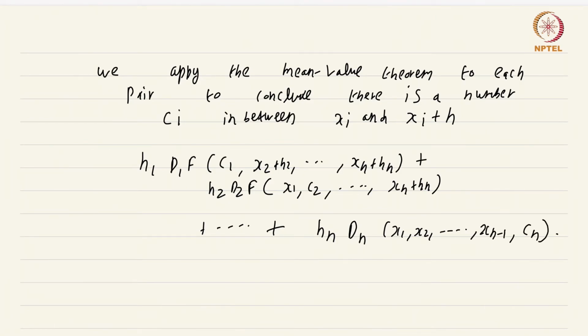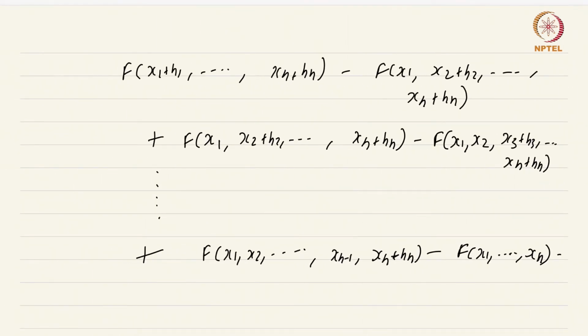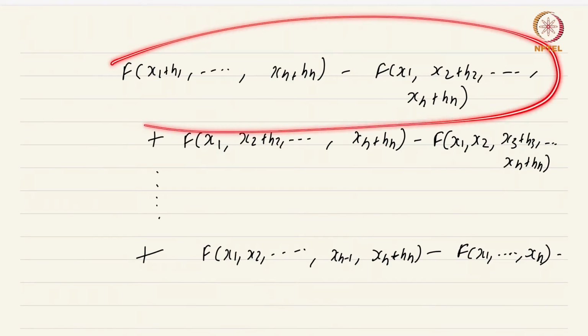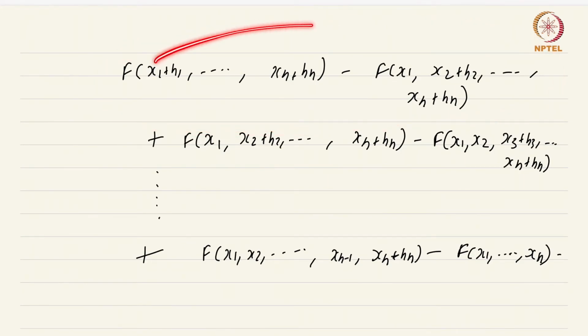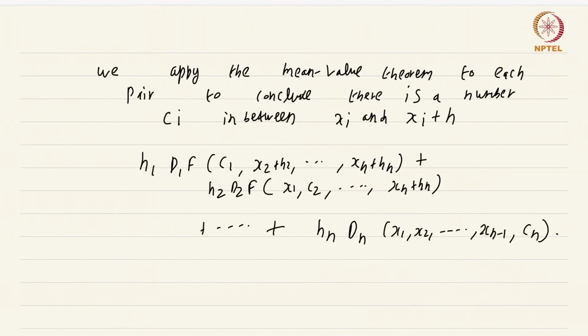Okay, I have applied the mean value theorem to each pair of terms here, and found a c_i in between x_i and x_i plus h_i, such that I am applying the mean value theorem to that particular variable.